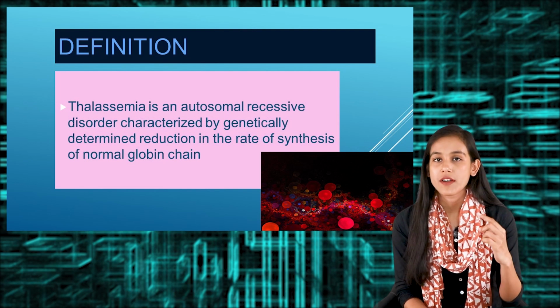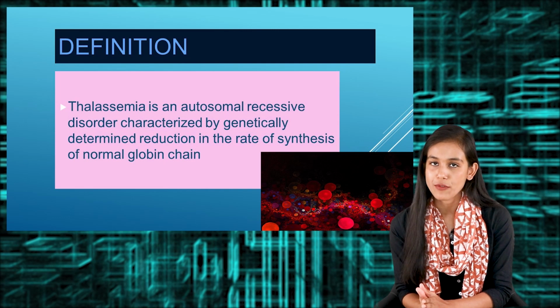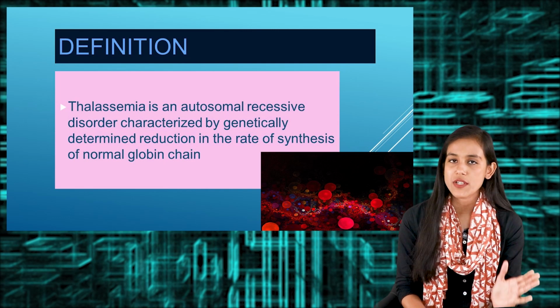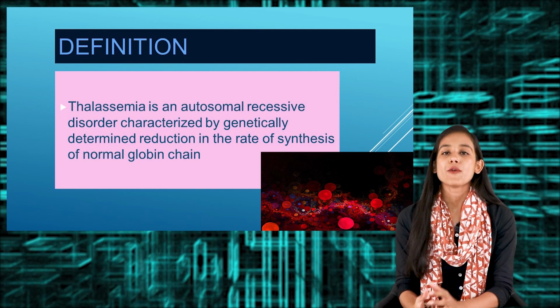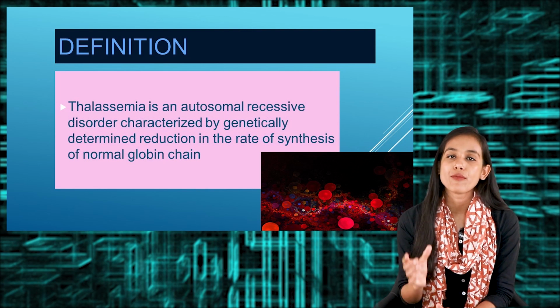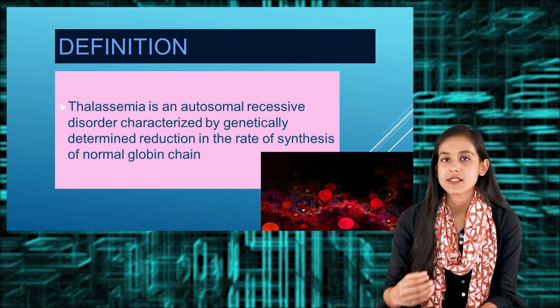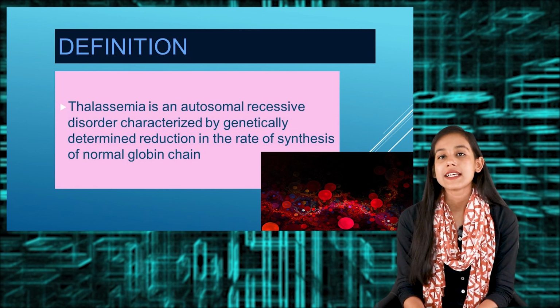So the child will get 1 gene from the father and the other 1 from the mother, that is 50% from the father and 50% from the mother. Now, for example, if among these 2 genes, one is a mutated gene and the other one is the healthy gene.